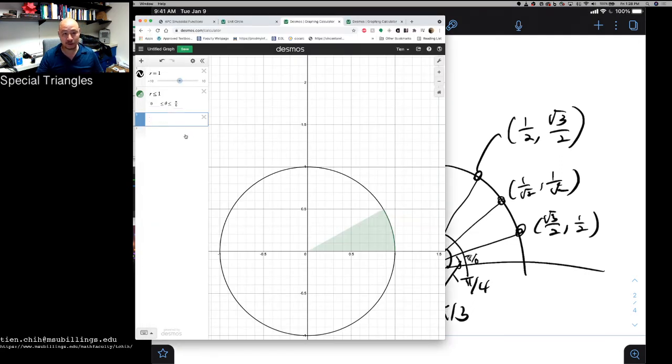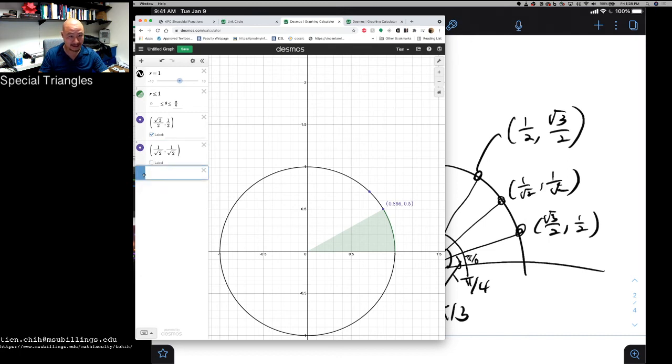And so why don't we go ahead and actually plot these points just for fun. So square root of 3 over 2, 1/2, that's a point, right? Let's label it, why not? 1 over square root of 2, 1 over square root 2, that's my next point.